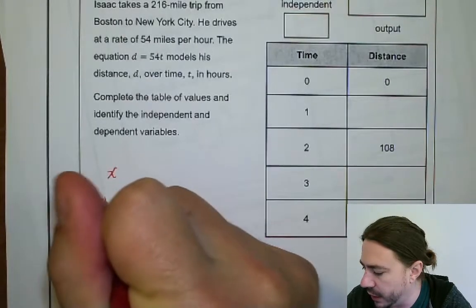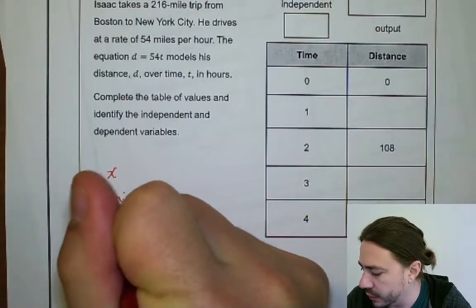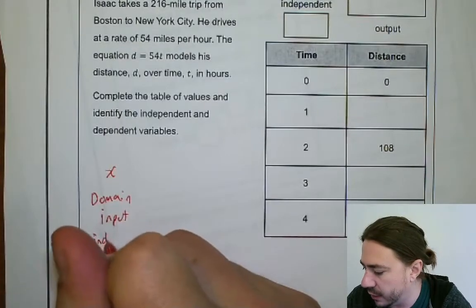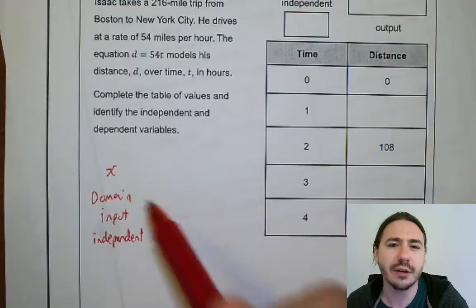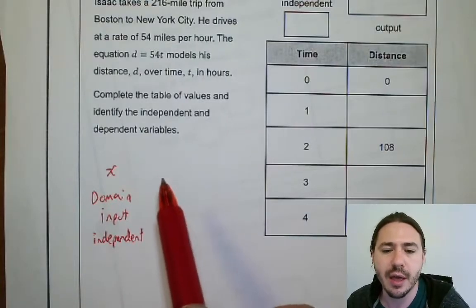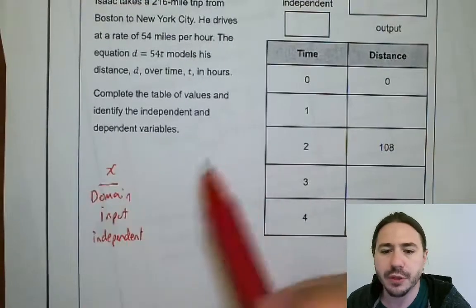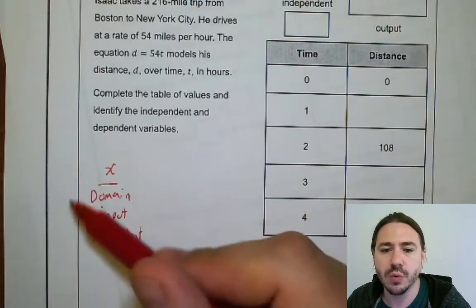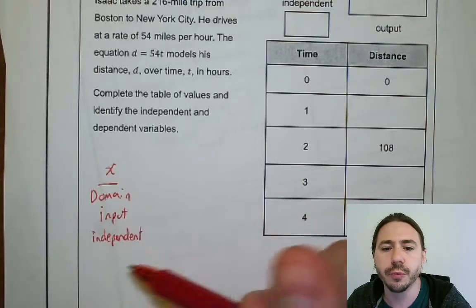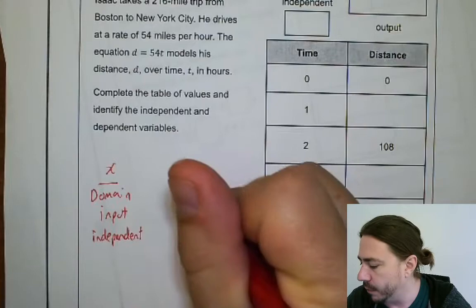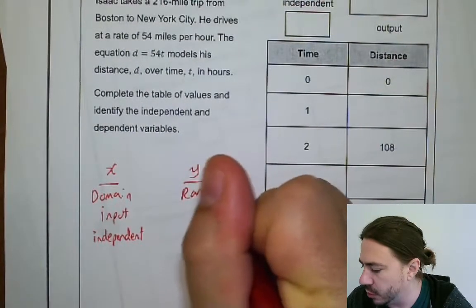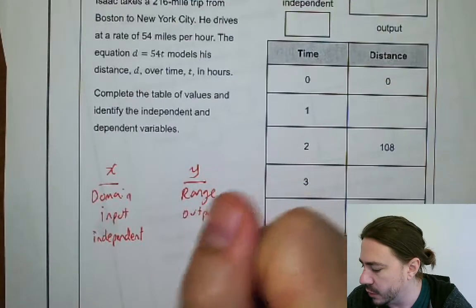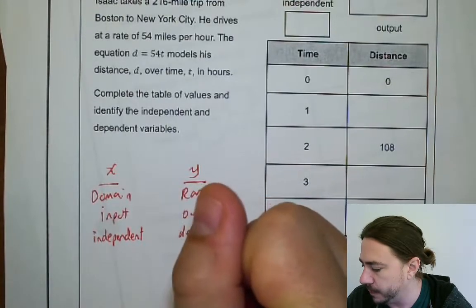X, domain, input, independent. You should start to associate all these words together. They don't mean exactly the same thing, but they are related. So you want to mentally start to group these terms together. With y, that has to do with the range, or your outputs, or your dependent variable.